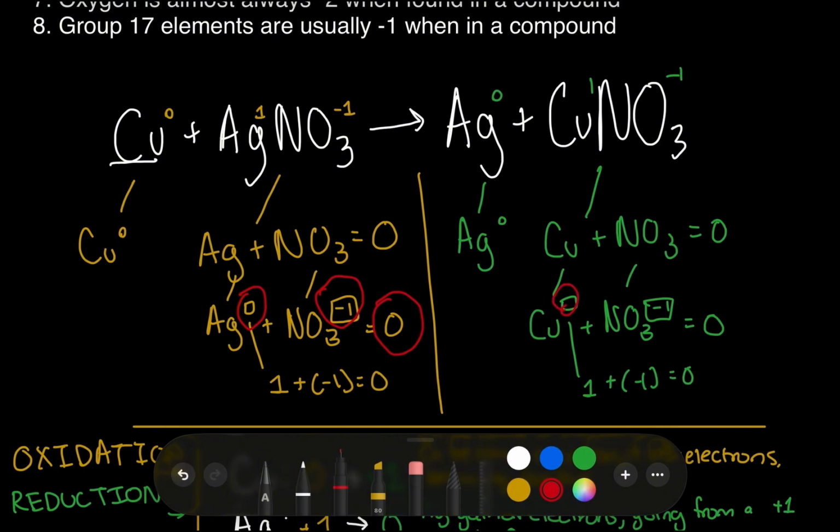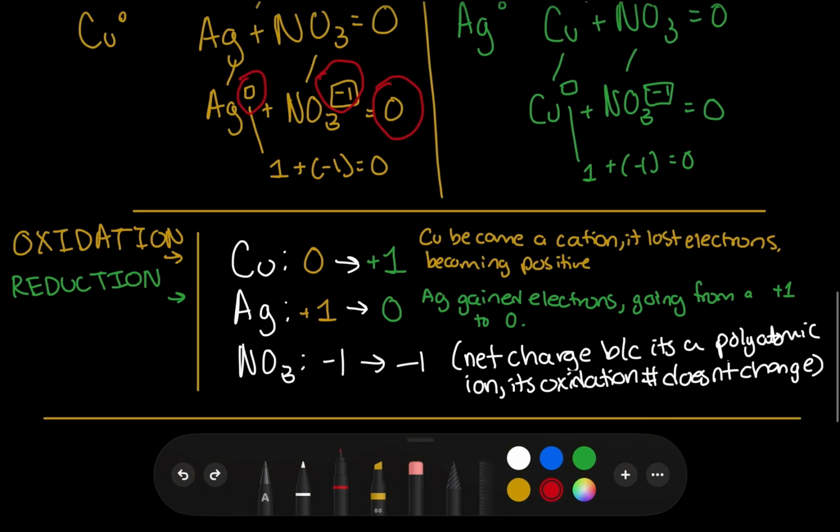Copper, we don't know. However, we do know that the sum of these charges has to be equal to 0. So again, a charge of +1 is going to cancel out with the -1. So copper is going to have a charge or oxidation number of +1. So we see this here. We see the reactants, right?